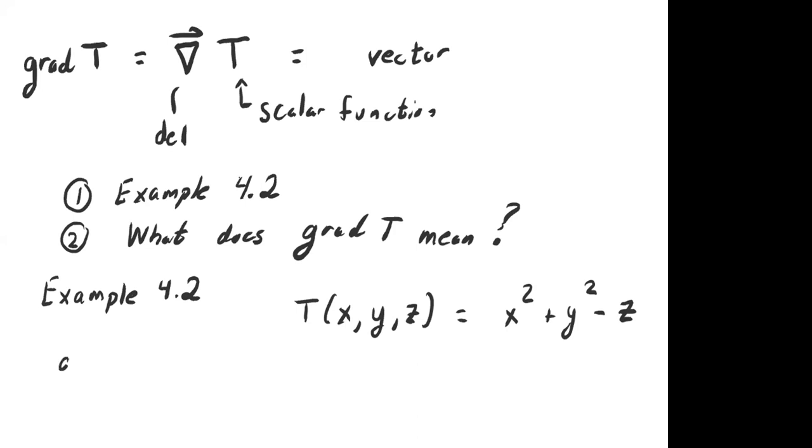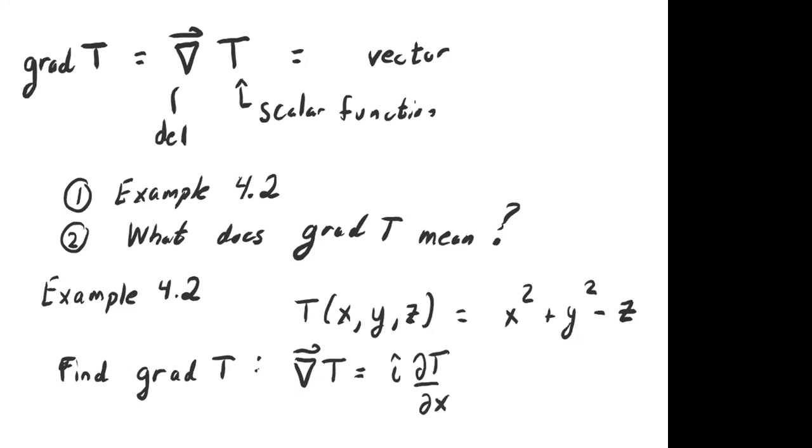And so let us find, in this example, the gradient of T. That means I have to take del and act on T. That means I have to get a vector, and that vector has 3 components. And here they are.